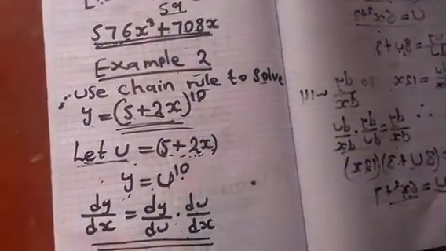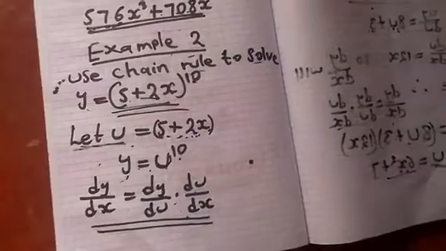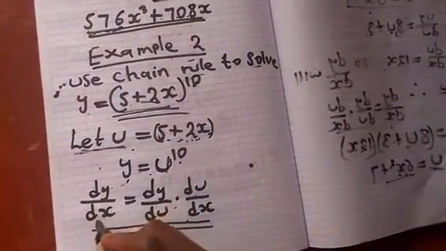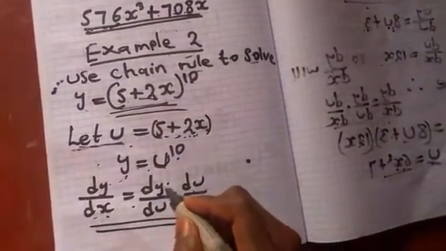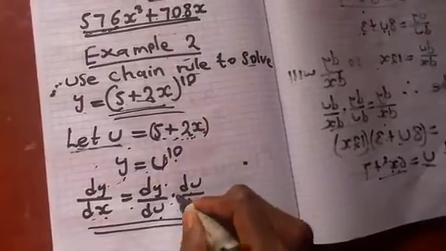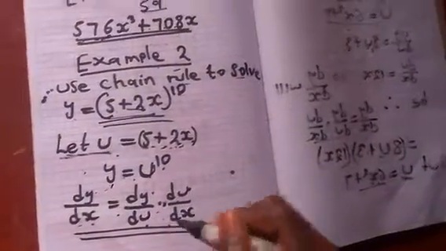Then we have our general formula, that is dy over dx is equal to dy over du multiplied by du over dx.